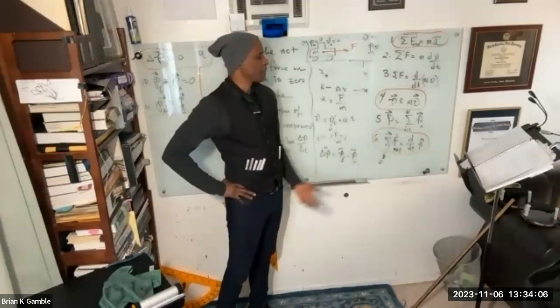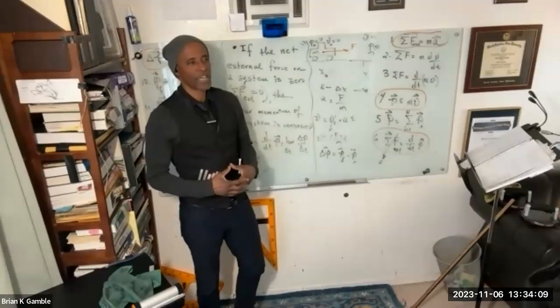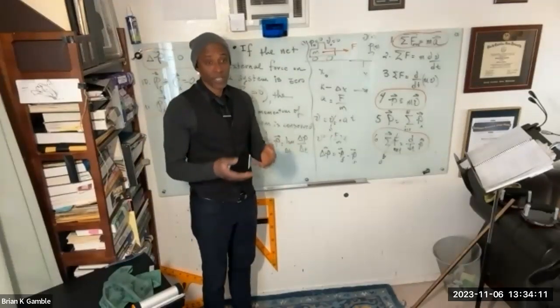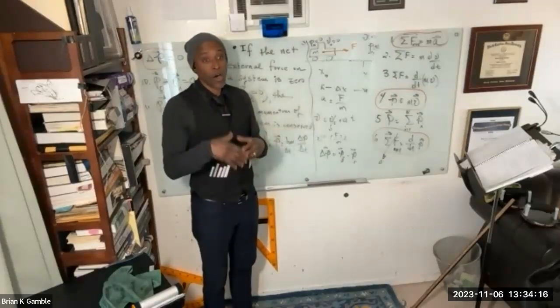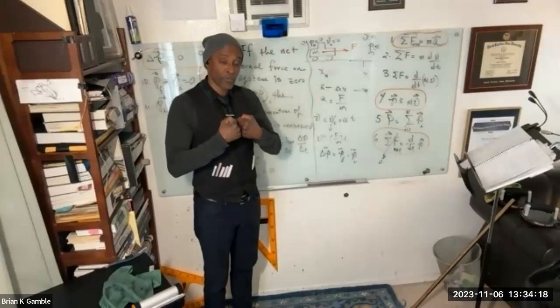Using conservation of momentum opens up possibilities that allow us to solve for kinematics, like what the velocities were before they collided, and also what the value of that impulse force is.